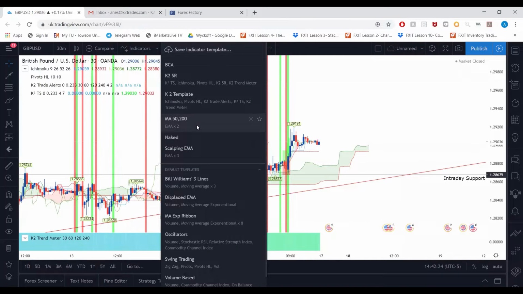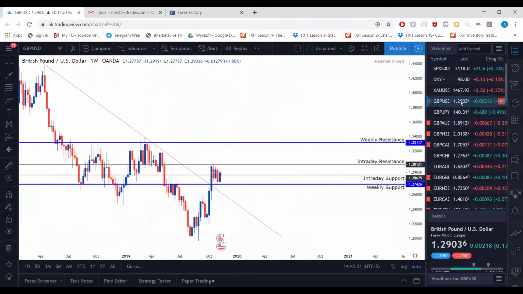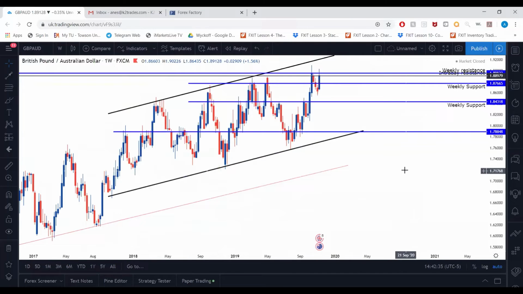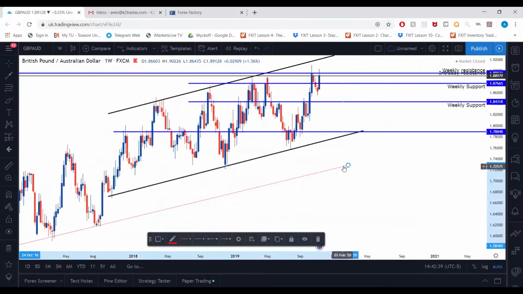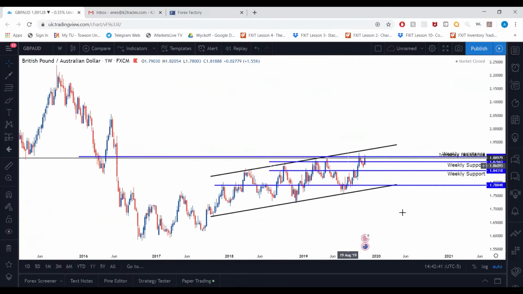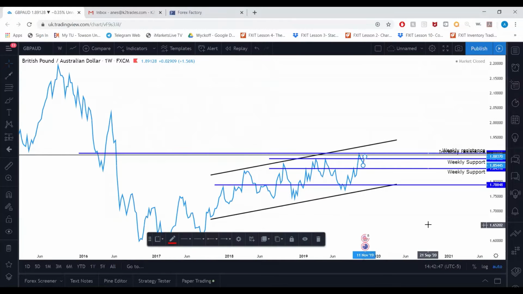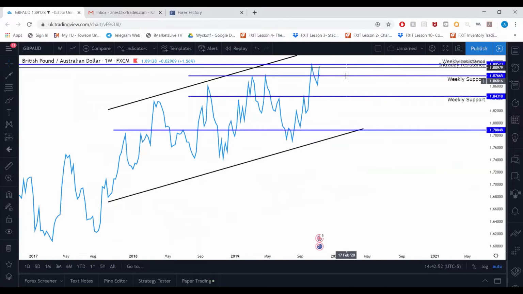So let's go to GA. I'm gonna switch to weekly. All right. So we charted this on Wednesday, and actually nothing has really changed that much that we have to update it.